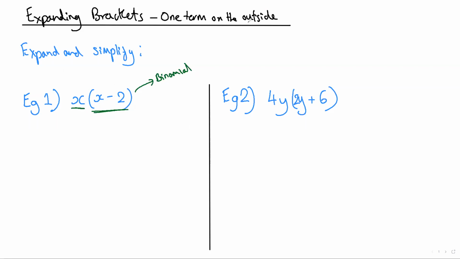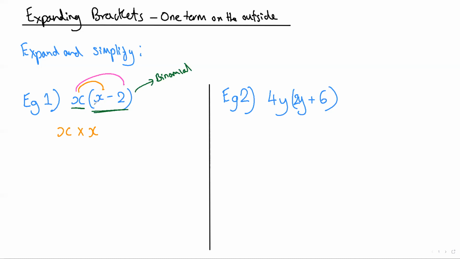So if I color code it, we have this first one. We're multiplying the x by the first term, which is also x. Then we're going to multiply it by the second term as well. So we just multiply it by each of the terms. The first bit will be x times x, because we're multiplying the term on the outside by the first term.